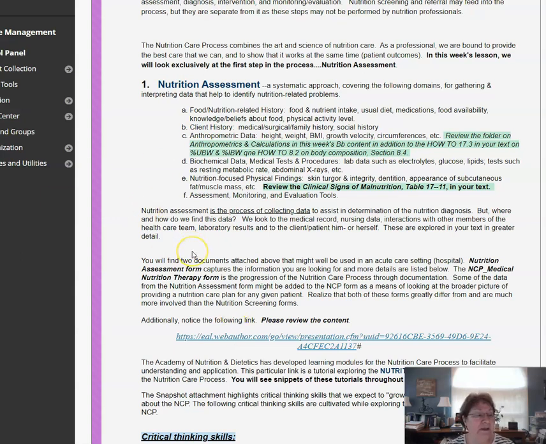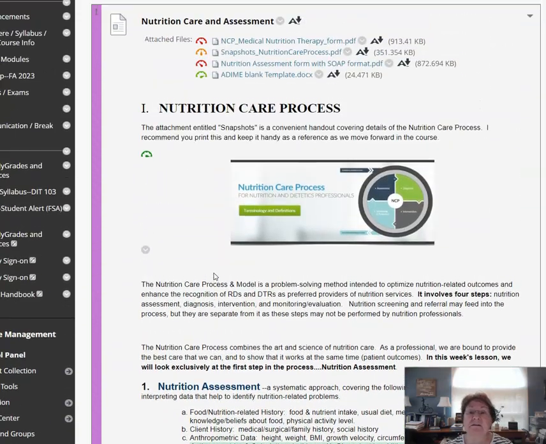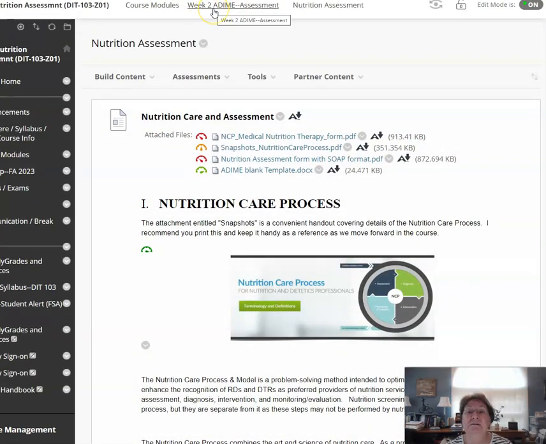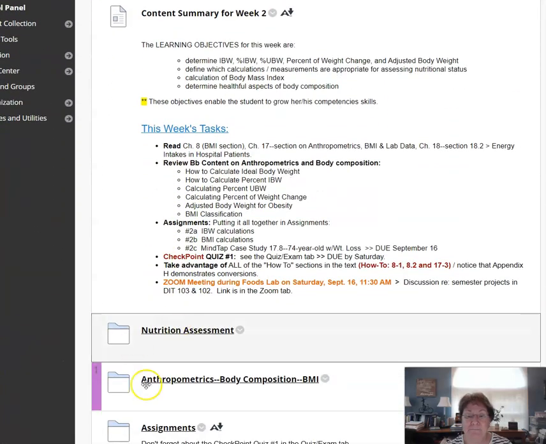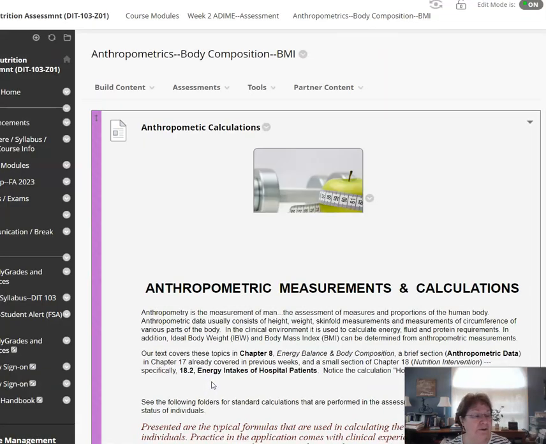All right, let me scroll back here. I'm going to go into the Anthropometrics Body Composition BMI folder.